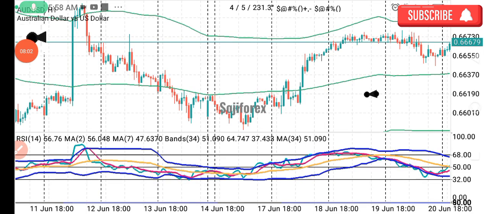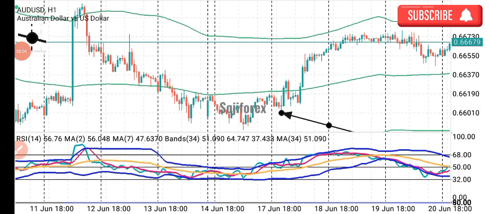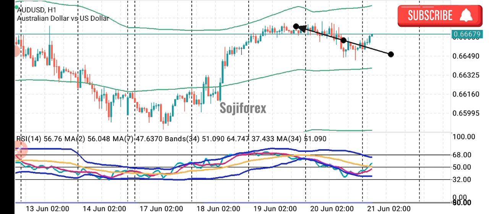It simply means that once price is above this middle Bollinger Band, and you can see price is below it, any pullback to the zone here, price will come down and pull back towards it. I see it as a retracement, a pullback. But once price breaks it and closes above it here, I begin to see it as a reversal, which is a change of trend.